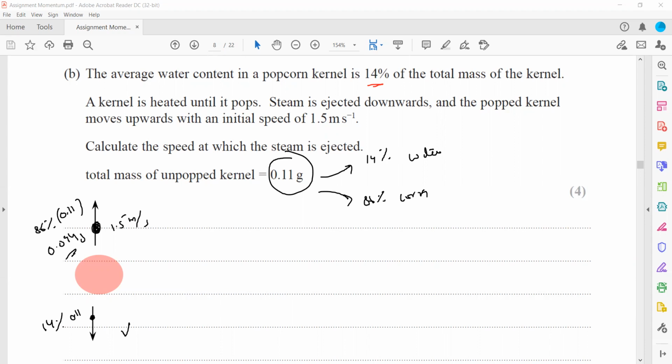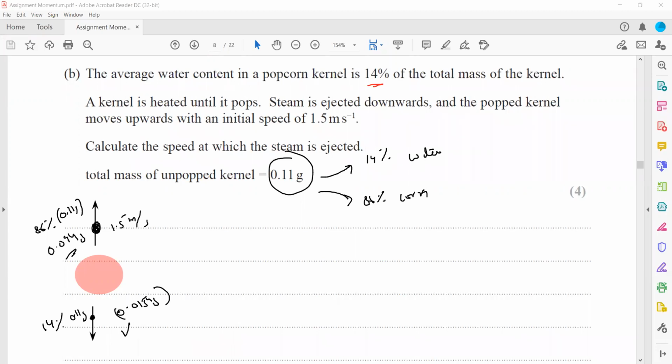grams. And what is the mass of the water which is ejected? 14% of 0.11 gram, that is equal to 0.0154 gram. I can convert into kilograms, but when we are dividing the two values, we don't have to convert the unit because it does not make a difference to the final answer.